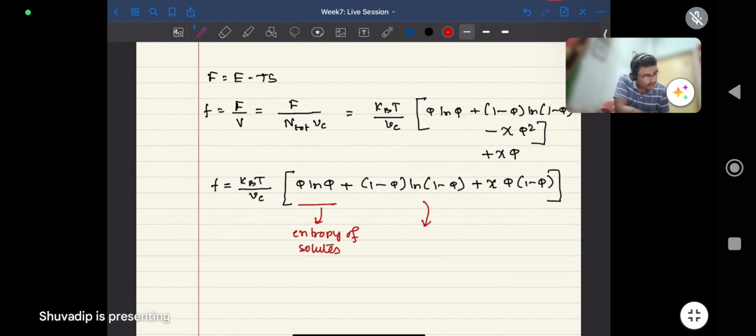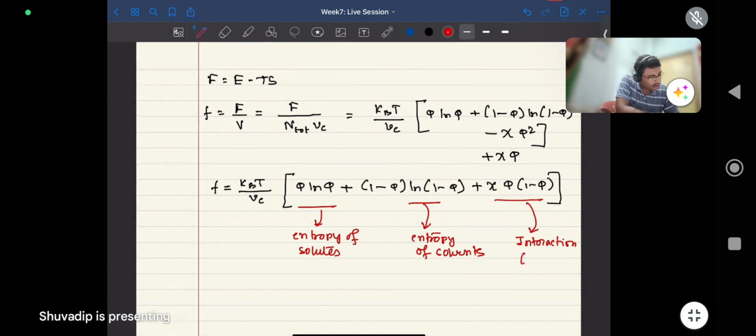This is the entropy of solvents, and this part is the interaction energy, which you can say is effective interaction energy, because we have dropped many terms and only kept some of the terms.